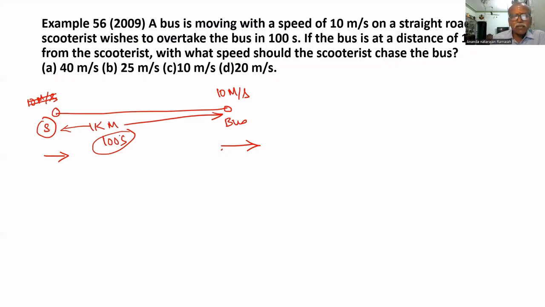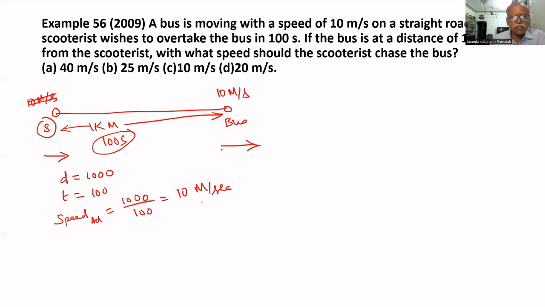What should be the additional speed to reduce this distance to 0 in 100 seconds? So the distance d equals 1000. Additional speed required, in time equal to 100 seconds, therefore additional speed equals 1000 divided by 100 equals 10 meter per second.